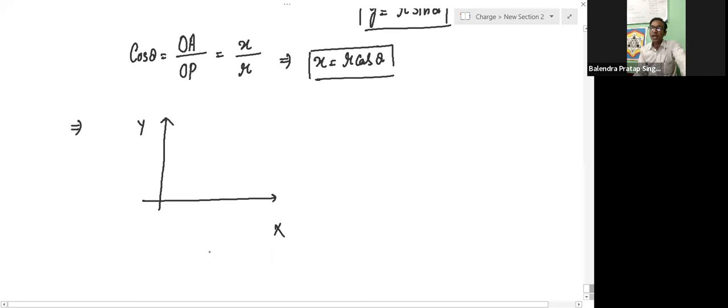In this case I am taking a vector A, and this is making angle theta. So tell me, what will be its vertical component?